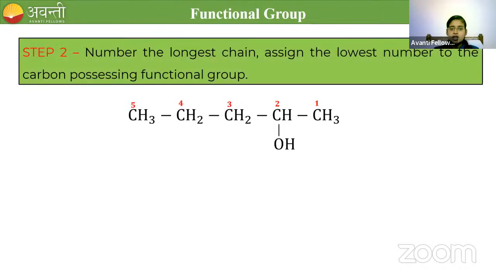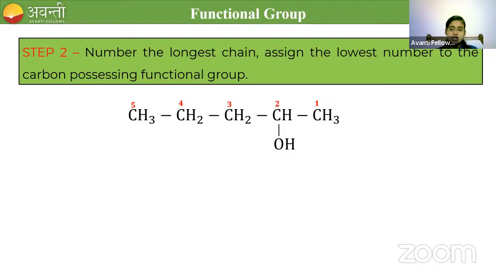Then, step number 2. Number the longest chain. Assign the lowest number to the carbon possessing the functional group. So, functional group carrying carbon should get the least number.